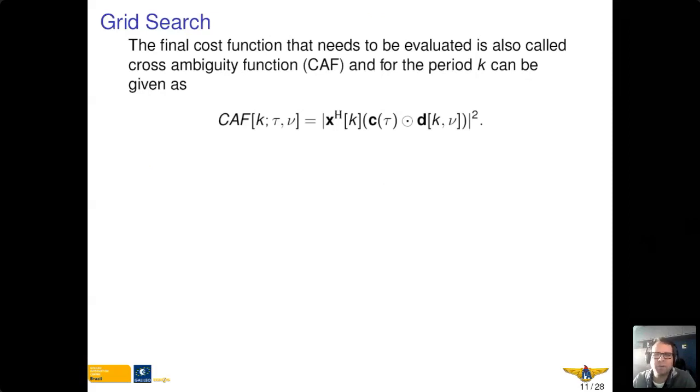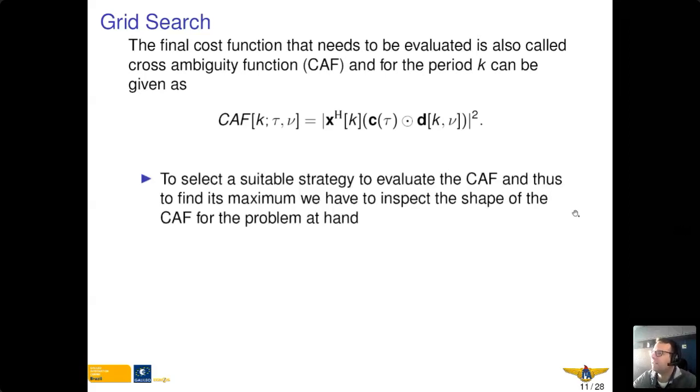They also use this term cross ambiguity function. And for the kth period, the CAF with respect to tau and nu is then our cost function. This is exactly the cross ambiguity function. So this is the maximum likelihood estimator of the parameters.